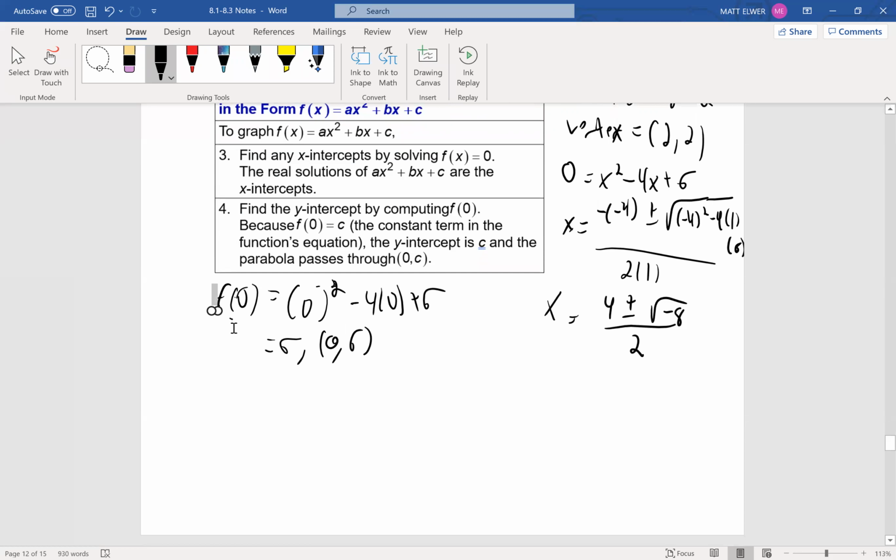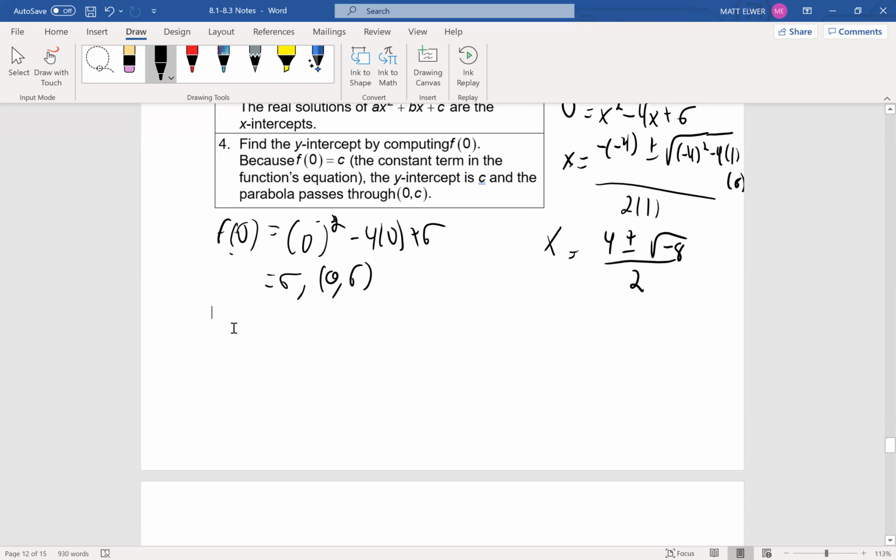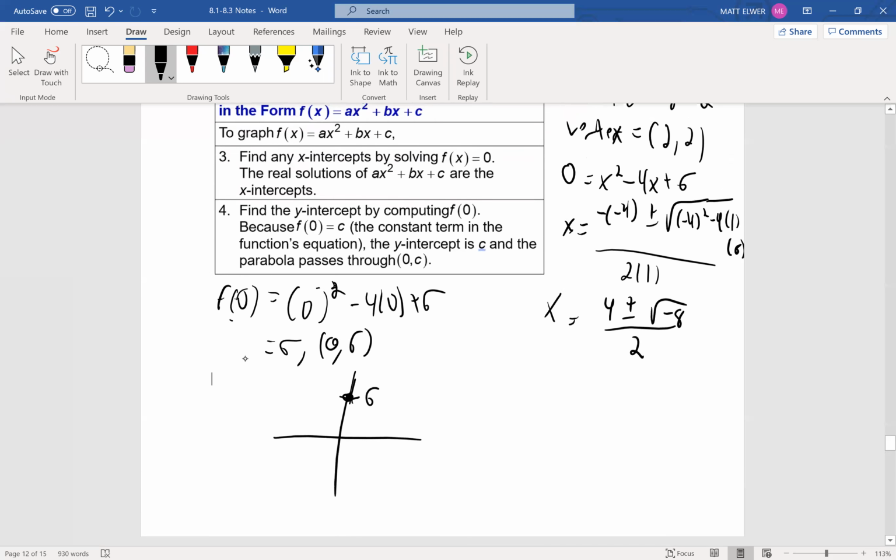And now we're ready to graph it, since we've done all 4 of the steps. If I draw this graph, I know that it's going to cross the y-axis at (0, 6). It's never going to touch the x-axis because it has imaginary roots. What else do we know?